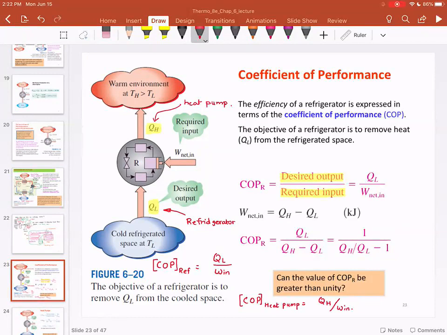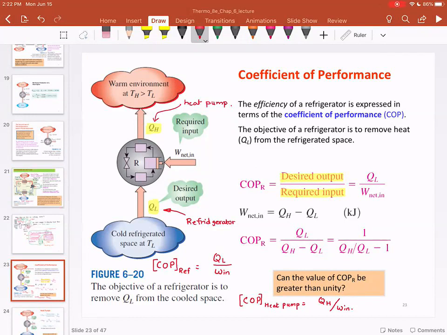I want everyone to be absolutely clear about the definitions of coefficient of performance. For the refrigerator it is QL divided by W net in, because QL is the desired output. In the case of a heat pump, QH is the desired output.